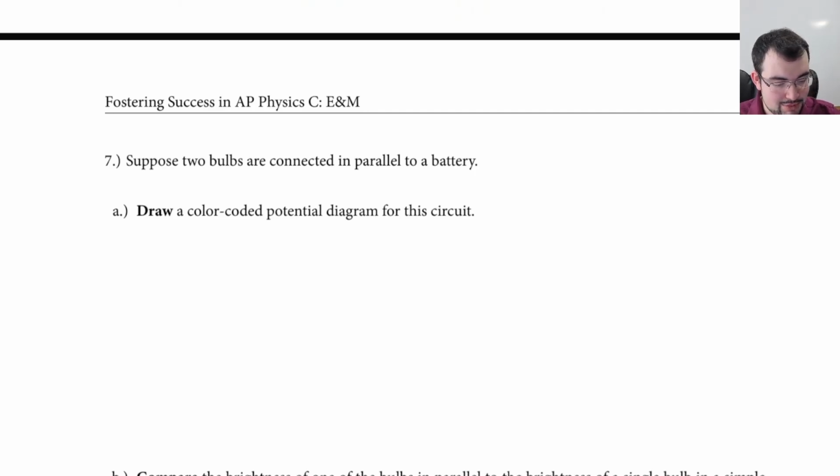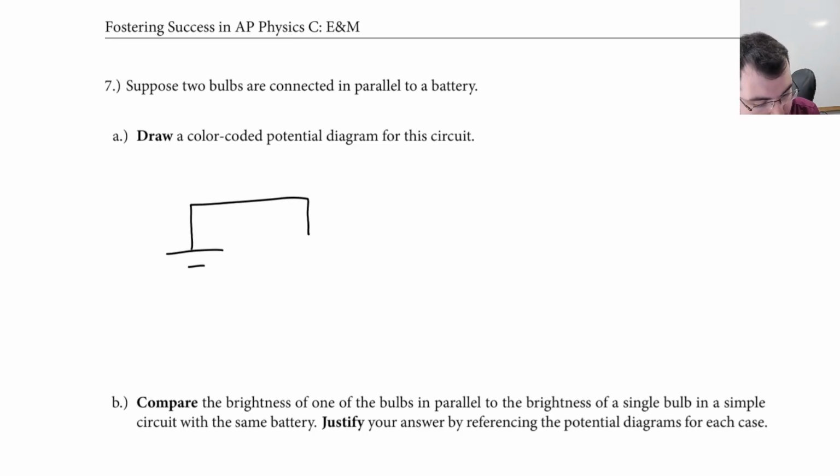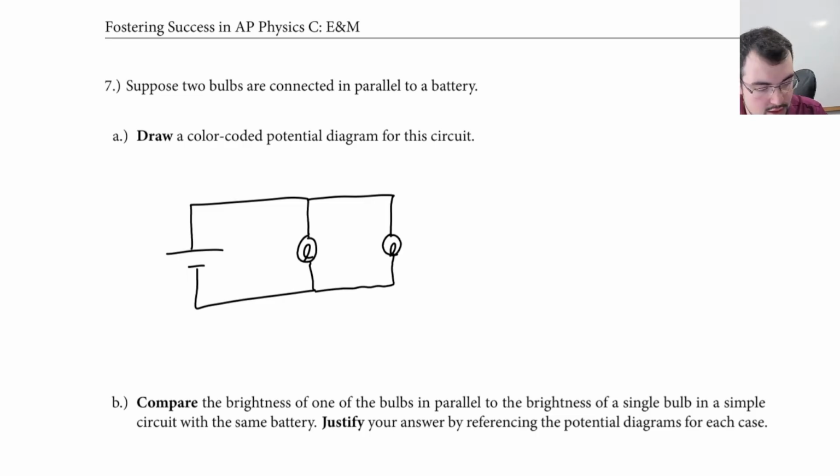Now let's try two bulbs in parallel. So two bulbs are connected in parallel to a battery that looks like this. Our high potential explores all possible paths, hits those boundaries, and then our low potential explores all possible paths.